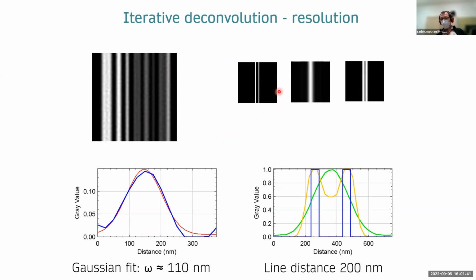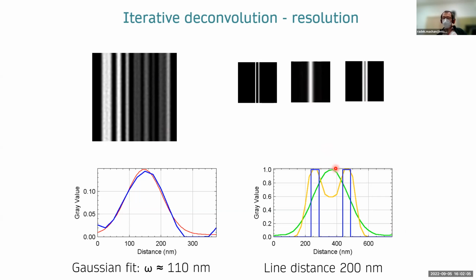Here again, 2 lines which are 200 nanometers apart. They are unresolvable after convolution with the point spread function, but they become resolvable after the deconvolution. So yes, that's one thing the deconvolution can help you with.